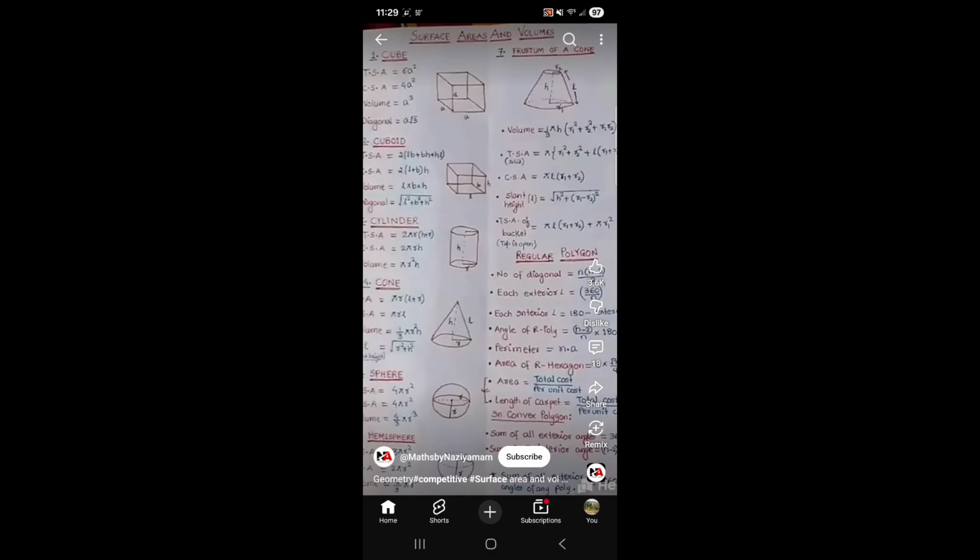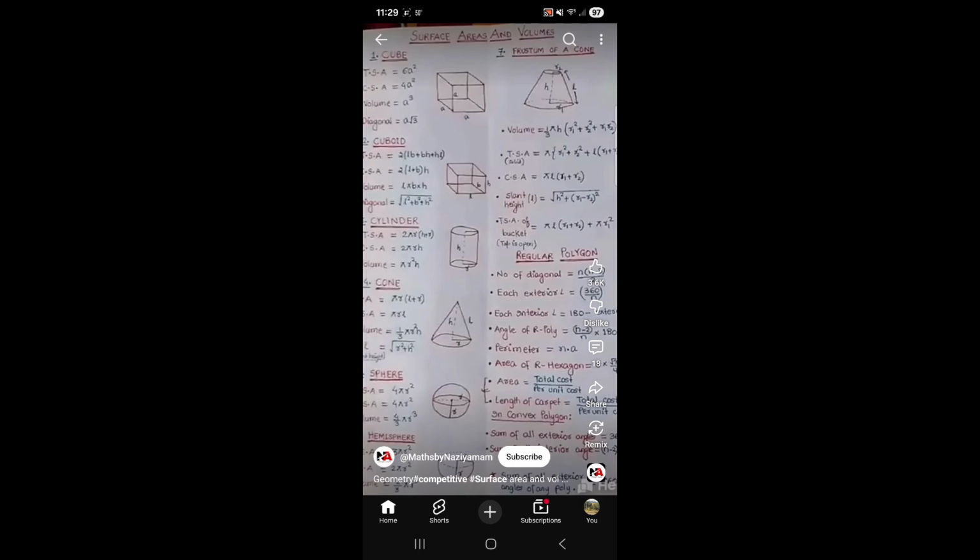The cuboid T.S.A. is 2 times length times the base, plus base times height, plus height times length. Then C.S.A. is 2 times length plus the base times height.